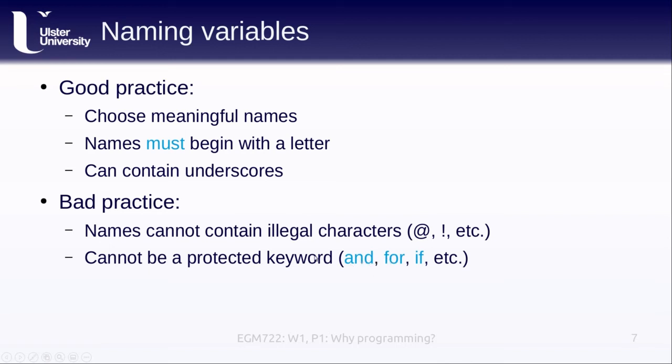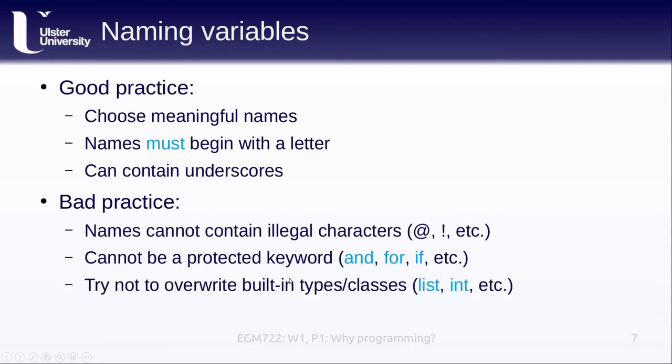And if we try to replace it with a variable name, it's going to throw an error. We also try not to overwrite built-in types or classes. We'll talk again more about this in the next lessons, but things like list or int, these are built-in Python types, and if you assign a variable to this name, it will overwrite that type in your program and you won't be able to use it later. So good practice is to avoid using built-in types or class names for our variable names.